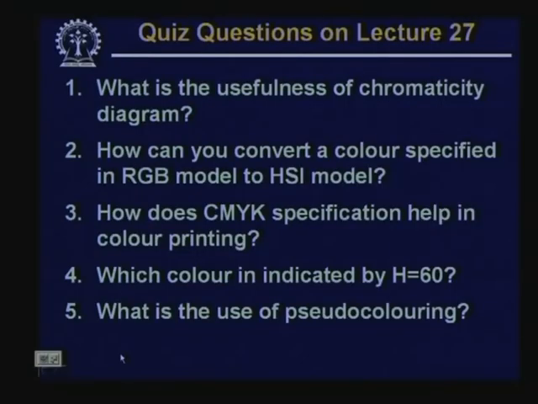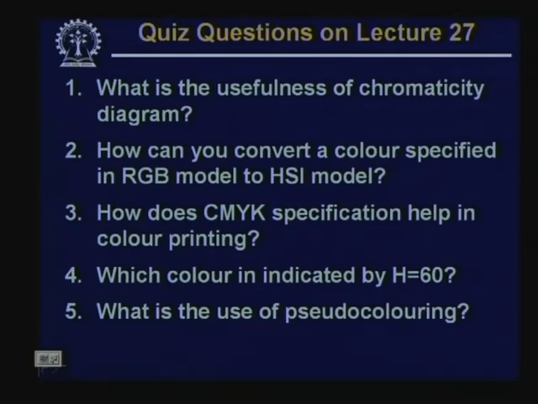Now, let us come to some questions on today's lecture. The first question is, what is the usefulness of chromaticity diagram? How can you convert a color specified in RGB model to HSI model?